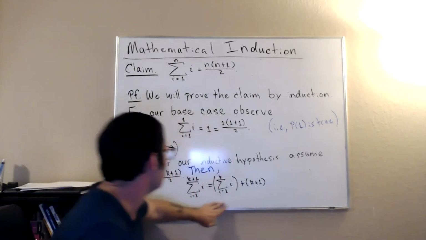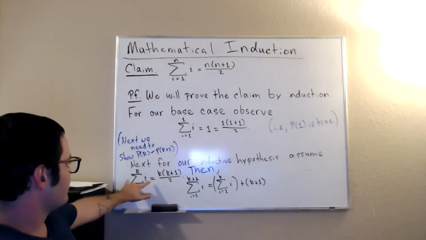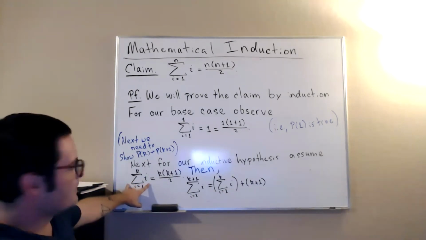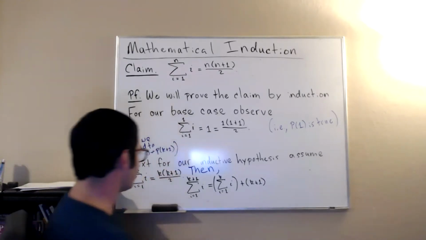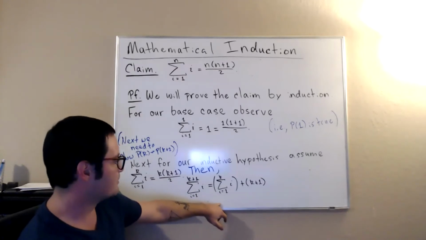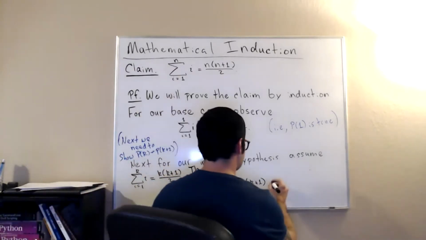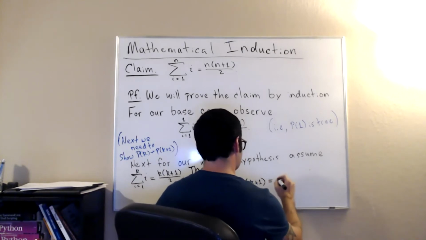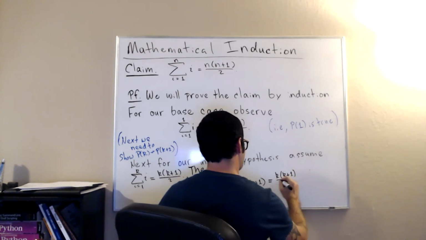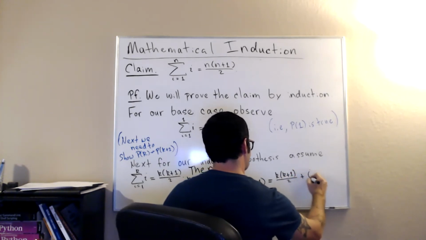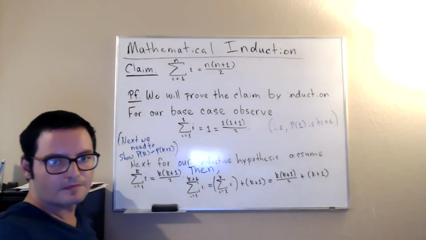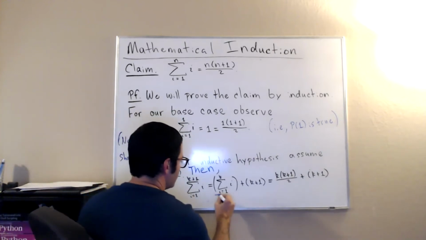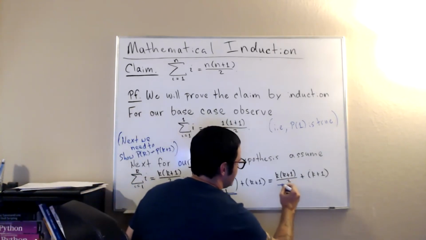Okay. But by our inductive hypothesis, we know that the sum up to k is equal to that. Right? So normally I would write right here, but I'm running out of room, so I'm just going to write right here. So this piece right here is right here.